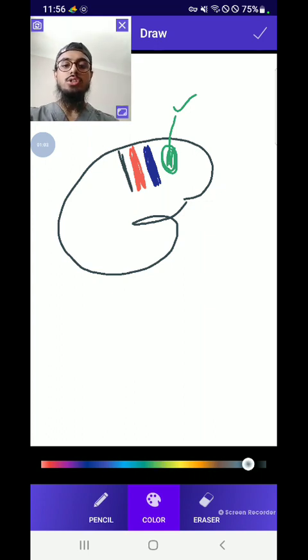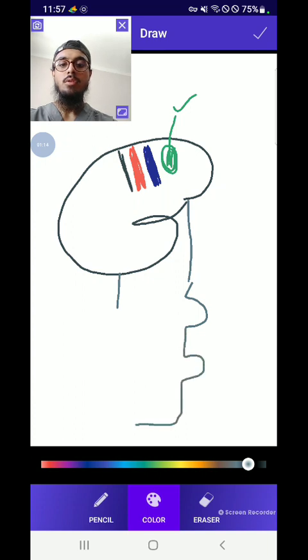I draw some structures in the brainstem which are associated with the frontal eye field. Here are some structures which I differentiate by the colors.